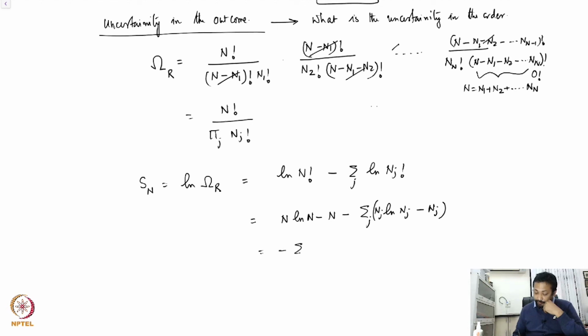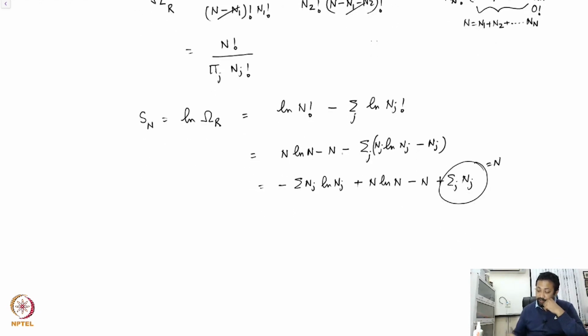So I'm going to have minus nj ln nj, plus n ln n minus n minus sum over j nj, and this is going to be n, so that you are left with minus sum over nj ln nj plus n ln n, right?